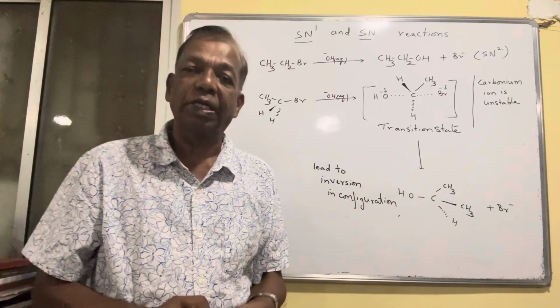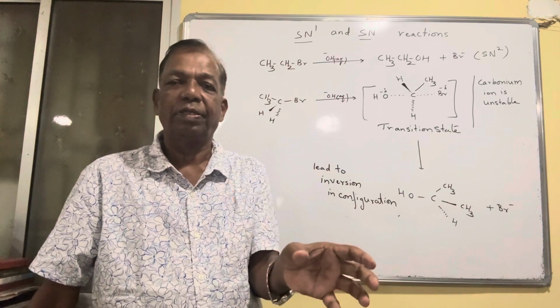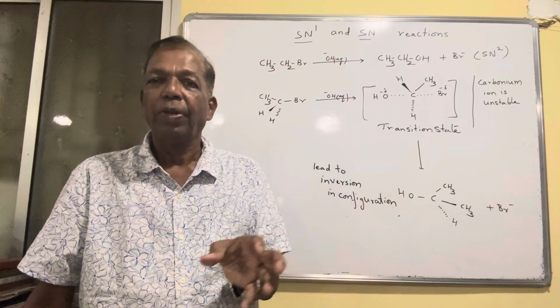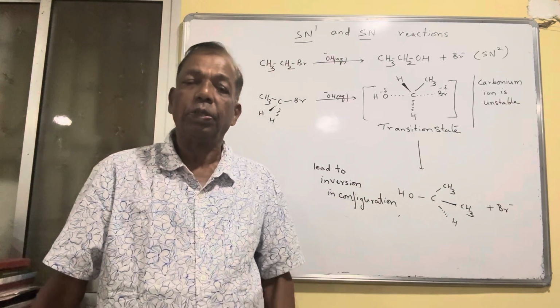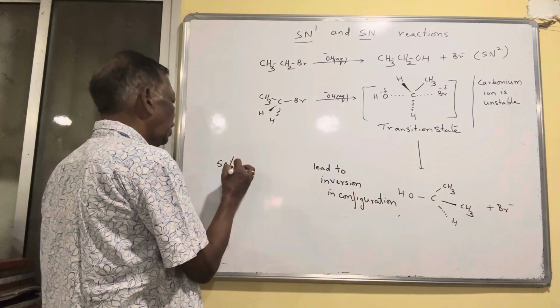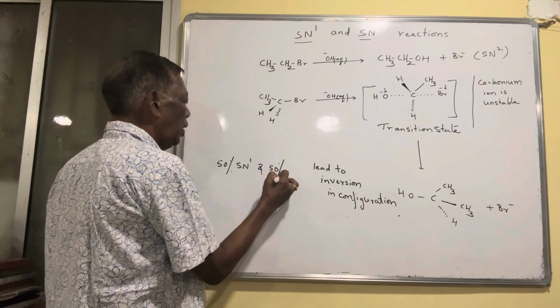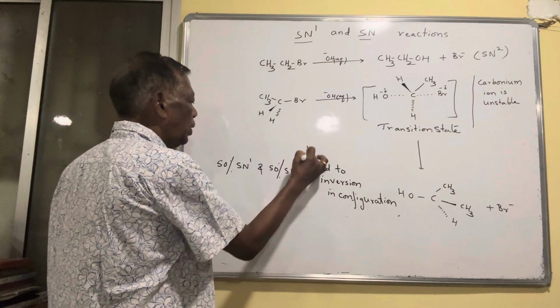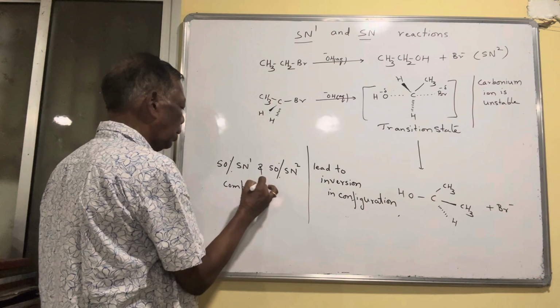In case of secondary, there is 50% chance that it can undergo SN1 and 50% chance that the compound can undergo SN2. So remember, if it is 50% SN1 and 50% SN2, then the compound should be secondary.